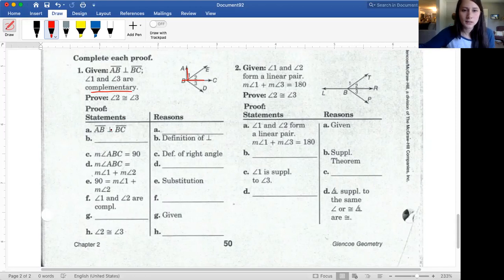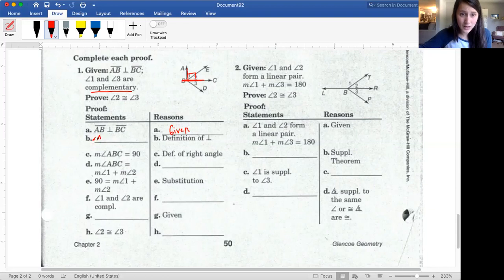So let's write out our given. AB is perpendicular to BC. That's part of our given, so our reason is given. Then it says definition of perpendicular angles. If I'm describing something to be perpendicular, then can't I conclude that it's also a right angle? So I would say that because these two lines are perpendicular, the angle that they form is 90 degrees, or it is a right angle.